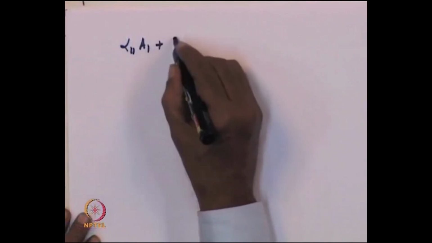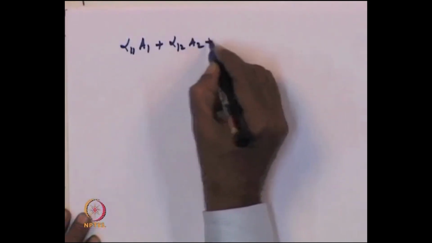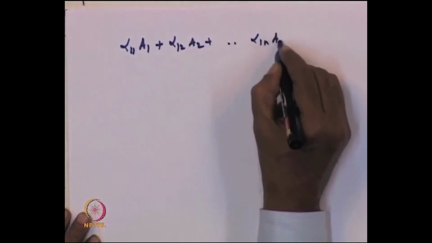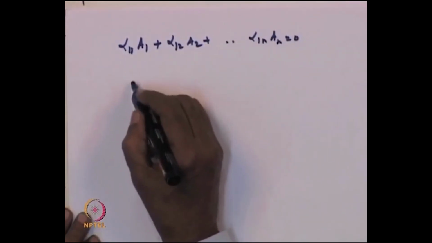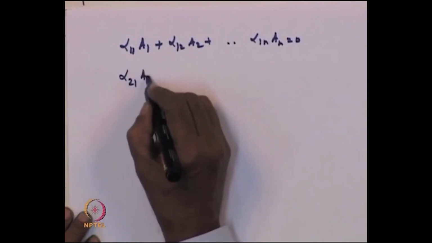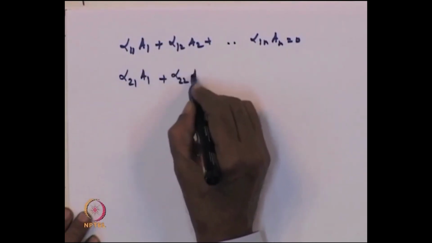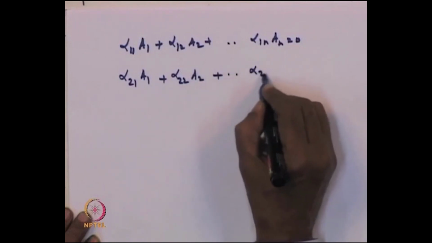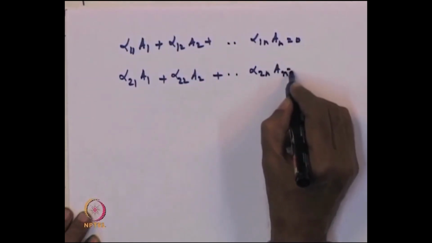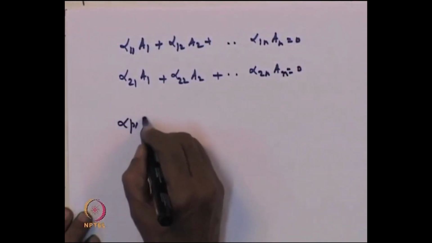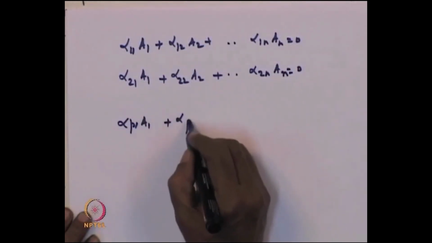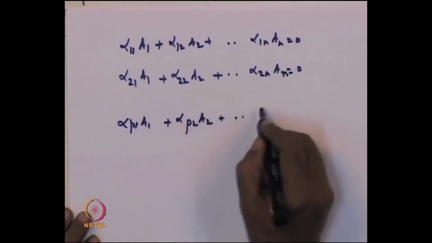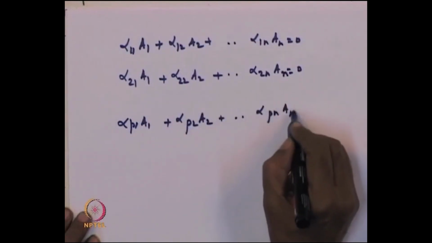I just quickly state that result, that if you have a multiple reaction like alpha 1 1 A 1 plus alpha 1 2 A 2 plus ... alpha 1 n A n equal to 0, alpha 2 1 A 1 plus alpha 2 2 A 2 plus ... alpha 2 n A n equal to 0, up to alpha p 1 A 1 plus alpha p 2 A 2 plus ... alpha p n A n equal to 0.